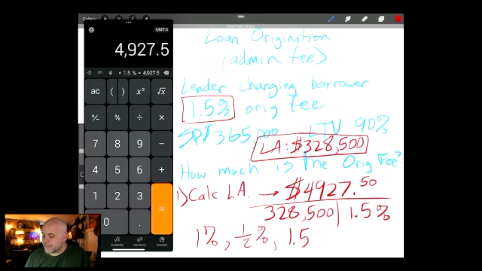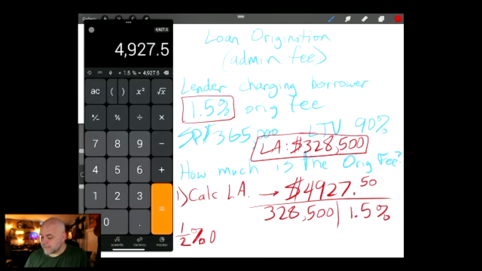But what if it says it's a 0.5% origination fee? Same thing, except it's a 0.5% origination fee. Just a little reminder of how to write a half as a decimal. Just 0.5, right?